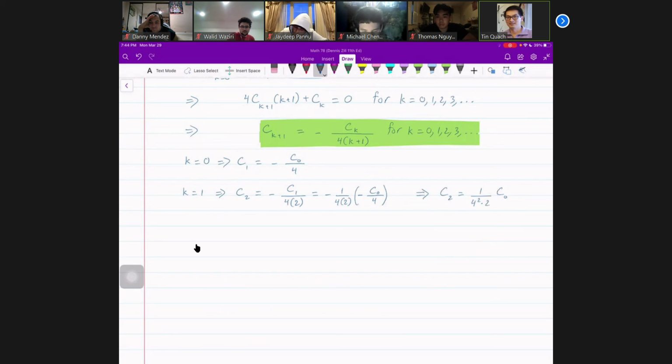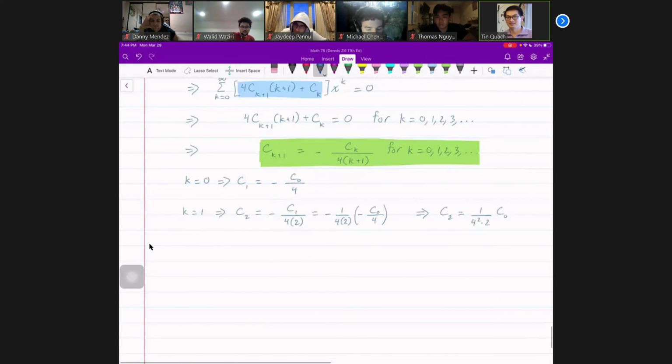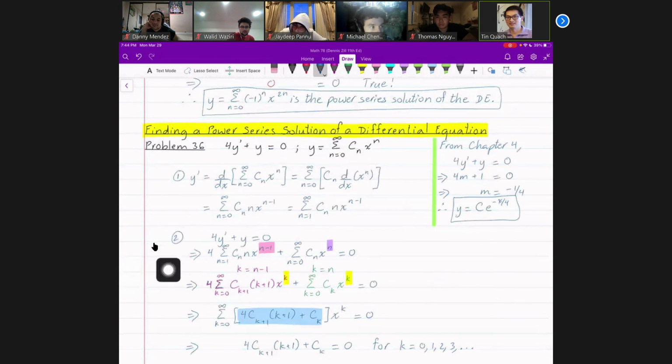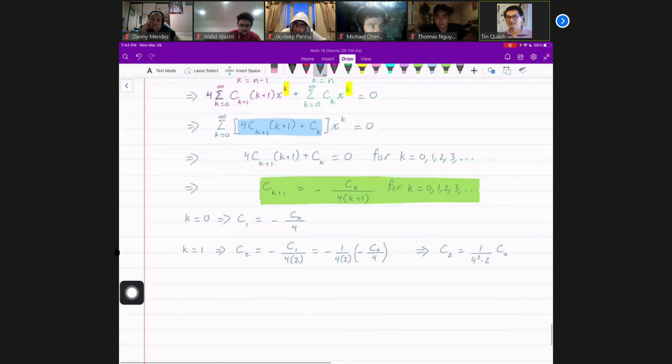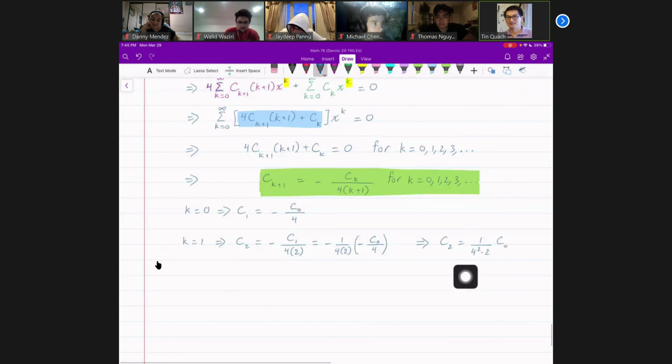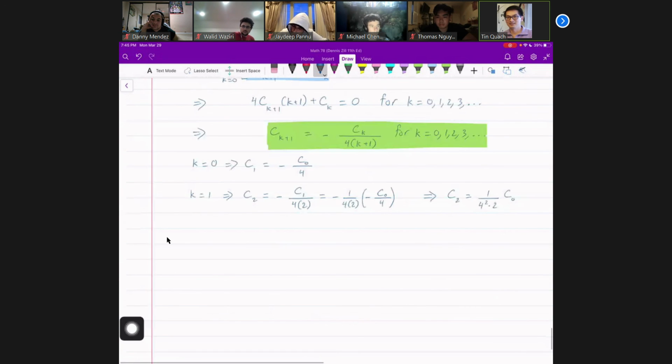Okay, so we can write the c sub n, right? Because you want to know what c sub n is. Most of the time it's hard to do that, but if it is easy, then you can write it in the form, and I will tell you more about this later on.